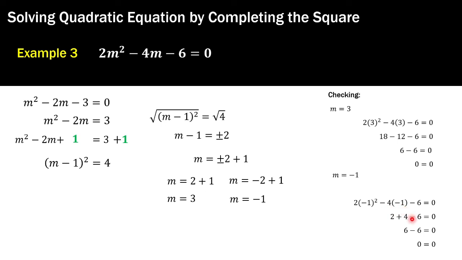Negative 4 times negative 1 is positive 4. So that would be 2 plus 4 is 6, minus 6 is equal to 0. Therefore, the solutions of 2m squared minus 4m minus 6 is equal to 0 are m is equal to 3 and m is equal to negative 1.